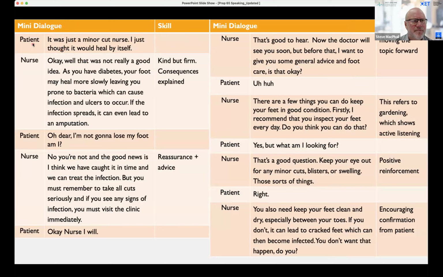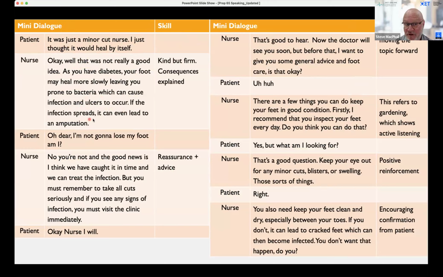And keep going. Patient: "It was just a minor cut, nurse. I just thought it would heal by itself." "Okay. Well, that was not really a good idea. As you have diabetes, your foot may heal more slowly, leaving you prone to bacteria, which can cause infection and ulcers to occur.